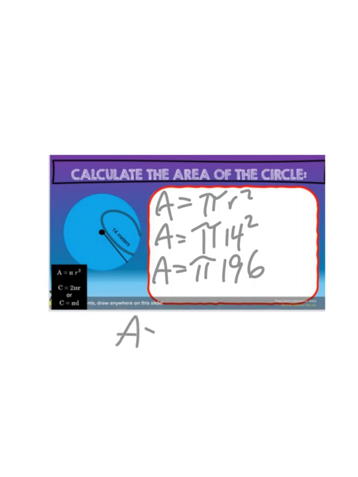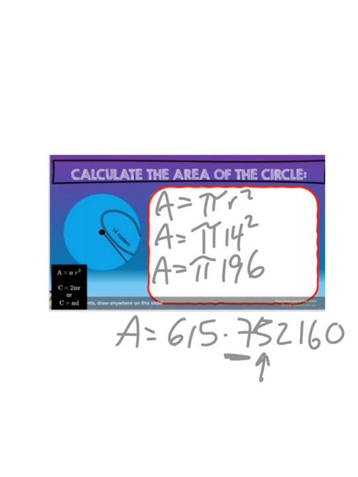Our answer is going to be area equals 615.752160. And there's more after that, but we're only cluing in on tenths, so we won't need to even look at that. But we're going to look at this 5 to see if we're going to round up to 615.8. Since 5 is 5 or larger, we're going to round up to 0.8. And we're going to write our unit, meters squared.